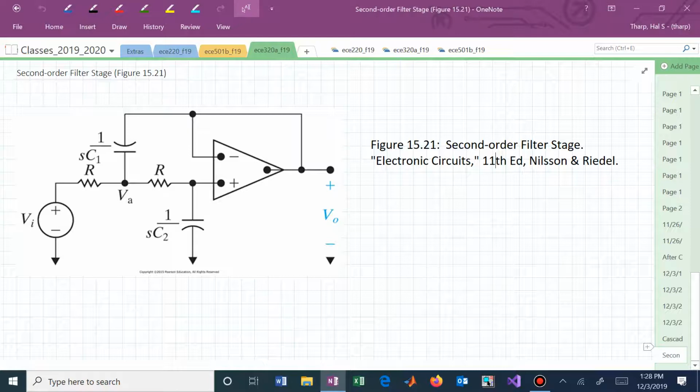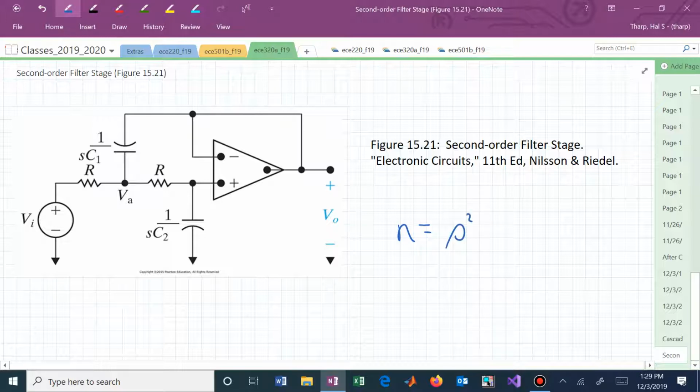You now know how to pick those R's and C's based on your coefficients in the table. If I just wanted n equal to 2, what was my polynomial? Wasn't that s squared plus the square root of 2 s plus 1?